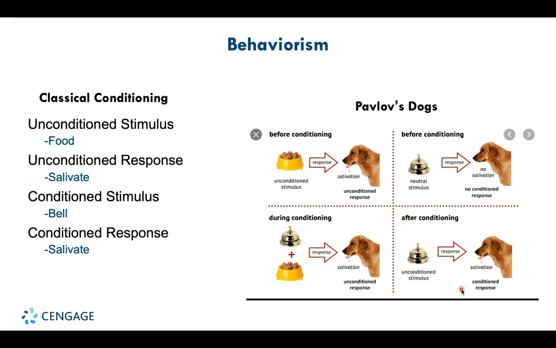So he had a lab of dogs, and he would give them food, and he would collect their saliva in these little vials that were attached to their salivary ducts, and then study the chemical makeup of that saliva.